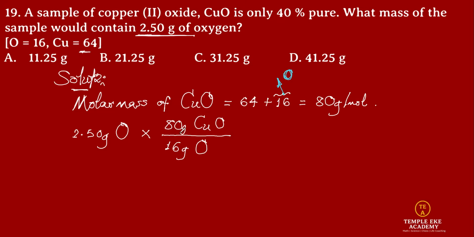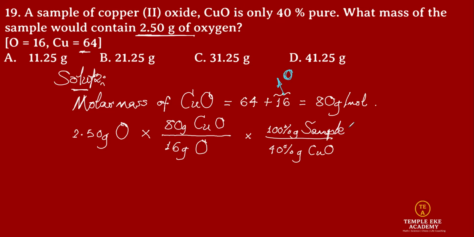And now we need to cancel also the gram of copper 2 oxide. The relationship between the sample and copper 2 oxide will provide that. Copper 2 oxide only makes up 40%. Gram copper 2 oxide contained in the full mass, 100% gram of the sample.